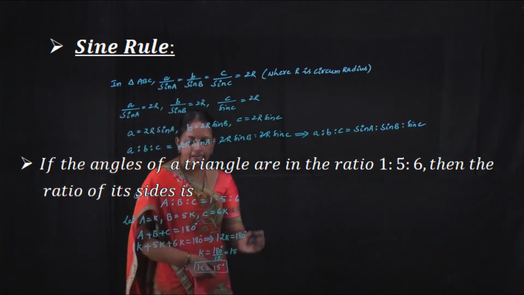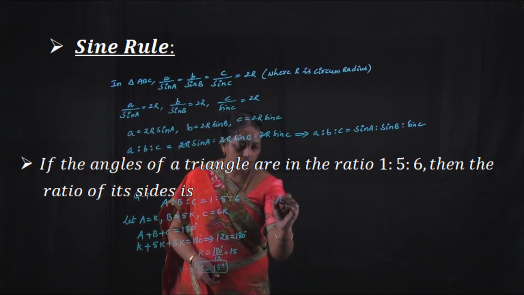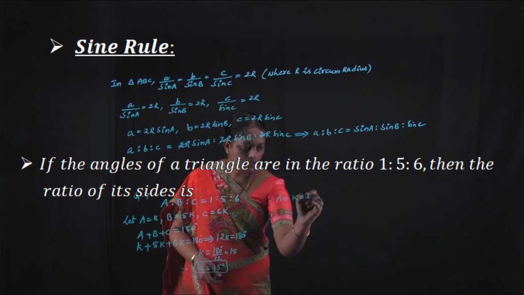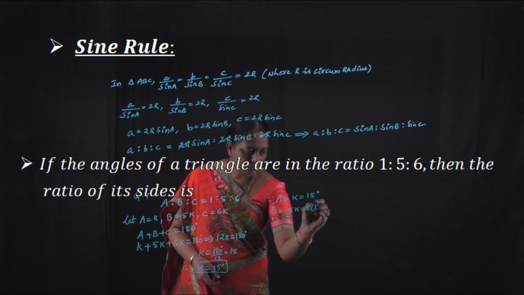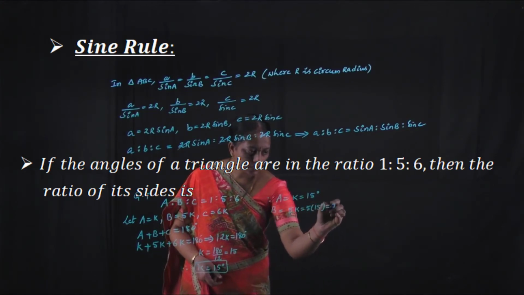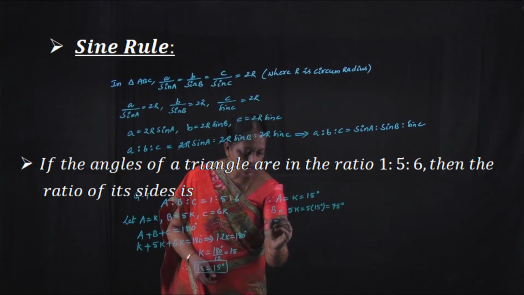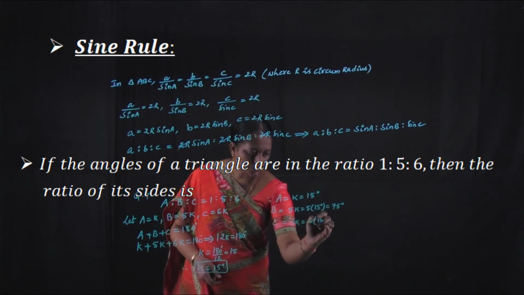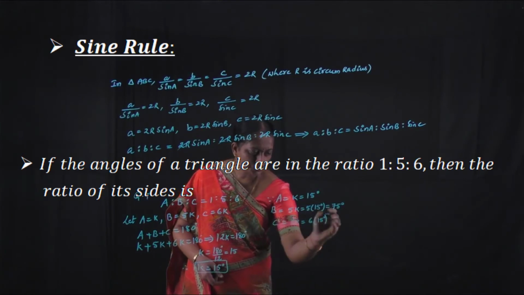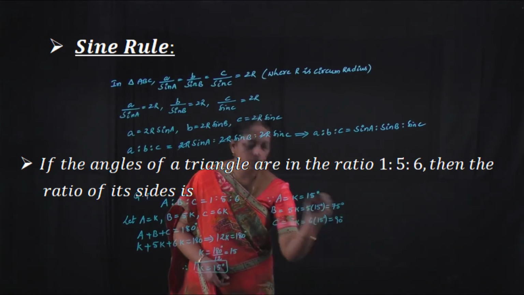Hence, since A equal to K, this is equal to 15 degrees. And B equal to 5K, this is equal to 5 into 15, which is equal to 75 degrees. And C equal to 6K, that is equal to 6 into 15, which is equal to 90 degrees.